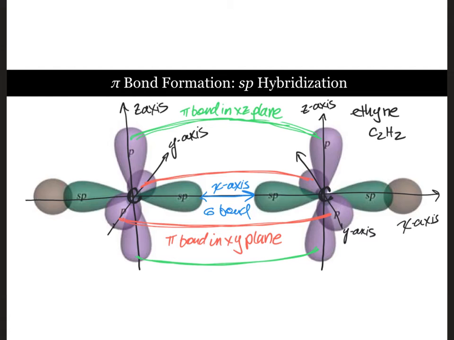Since there are two sets of unhybridized p orbitals, the overlap forms two pi bonds, one in the xy plane and the other in the xz plane. Triple bonds, therefore, as shown here for ethine, are made up of one sigma bond and two pi bonds. Let's take a quick look at the animation of this process.